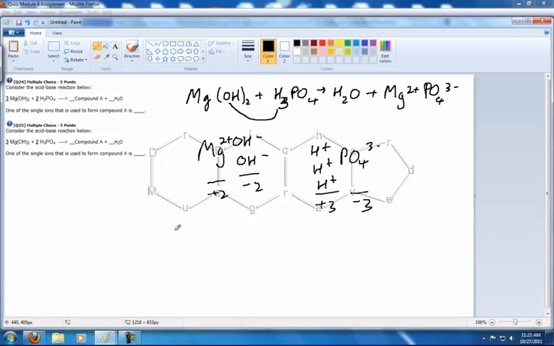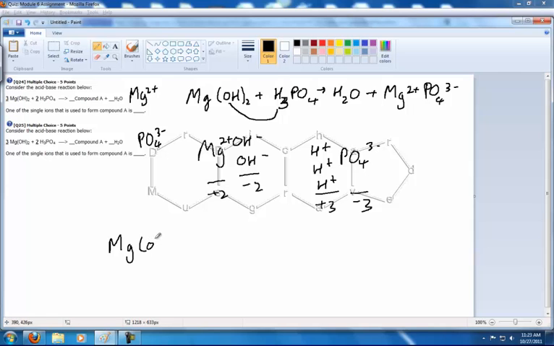Alright, so the next thing we can do, we'll just answer the questions here. First of all, Mg is going to have a 2 plus charge, and the PO4 is going to have a 3 minus charge. And these will join together to form the compound A that I'm talking about here. Well, let's complete this and see how that works.